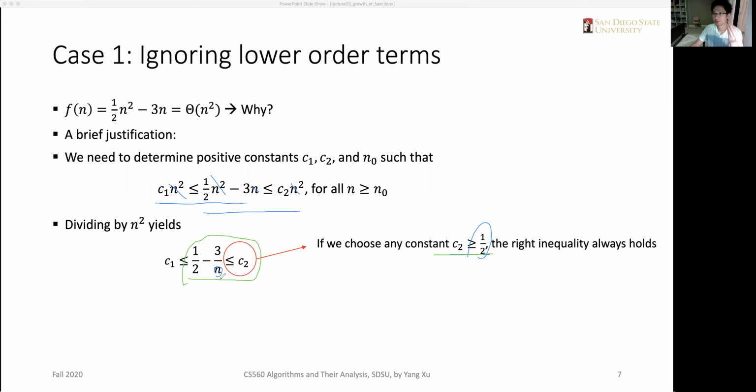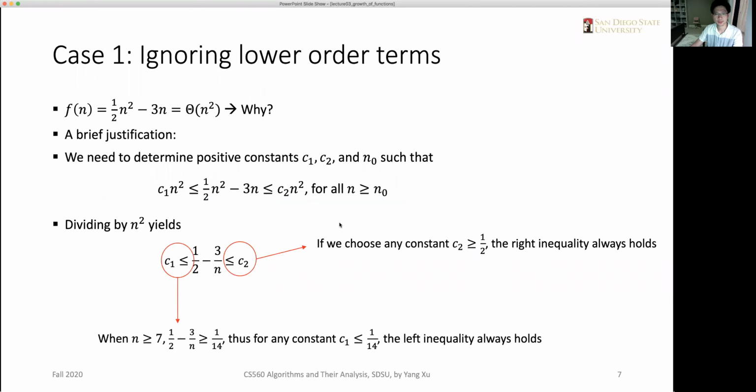Because n is always positive, so 3/n is always positive. 1/2 minus something positive is always smaller than itself, right? So we can choose the C2 that's greater than 1/2. The right inequality will always hold. Okay, so we kind of solved C2. So let's look at C1.